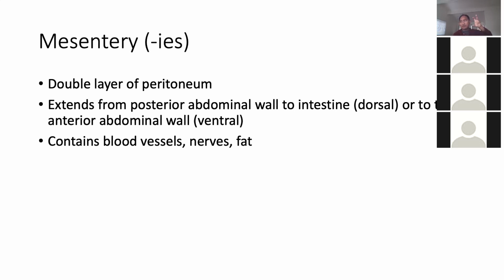Those mesenteries from the organ going to the anterior abdominal wall, we call ventral mesentery. Those mesenteries from the organ going to the posterior abdominal wall we call dorsal mesentery. So mesentery can be divided into dorsal mesentery and ventral mesentery.